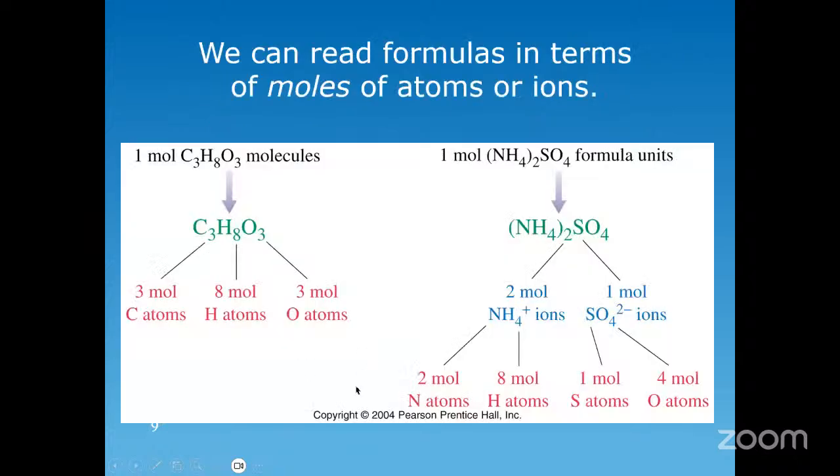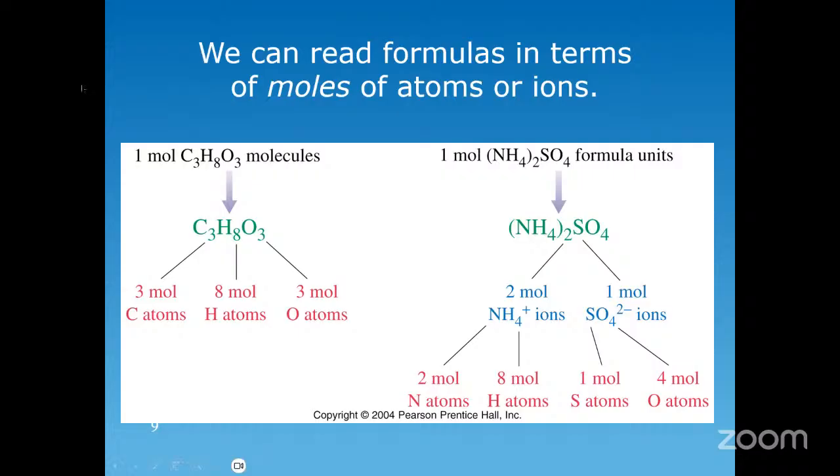Another thing I want to point out is that based on the amount of moles of a particular substance and the formula, you can determine the moles of the different atoms of each element present. Here we're assuming that we have 1 mole of these two substances. Let's look at the one to the left.